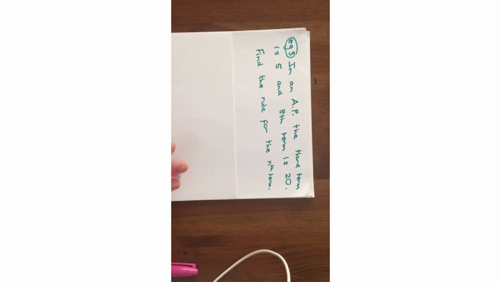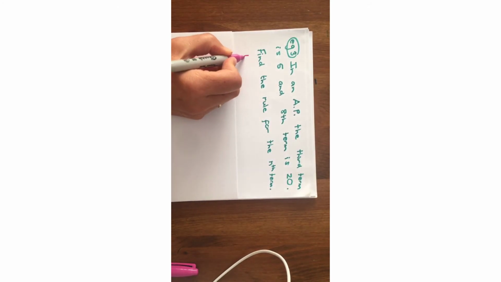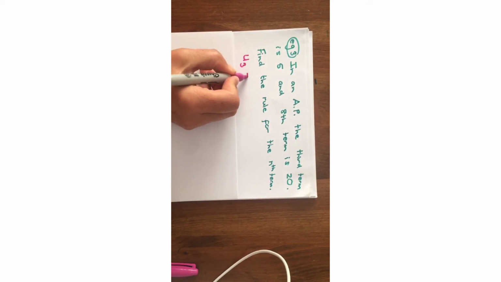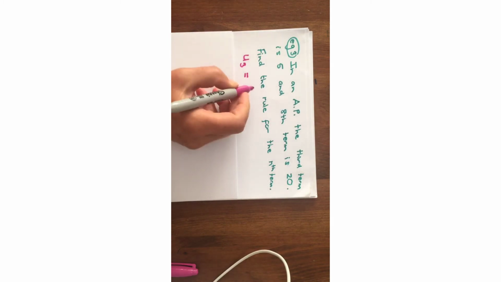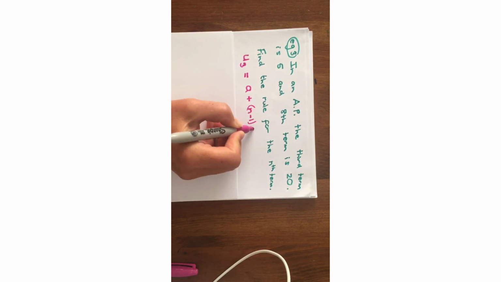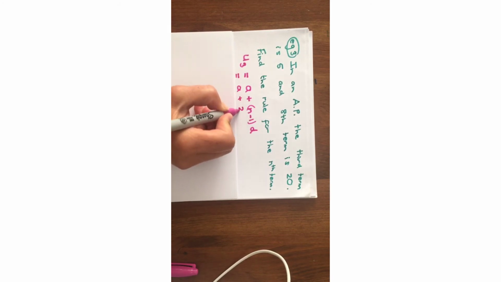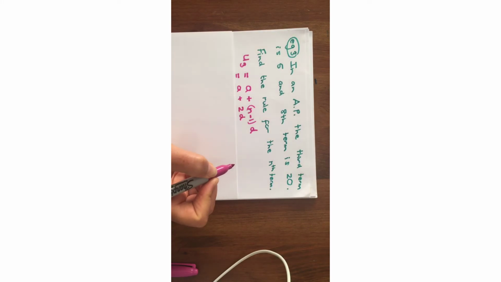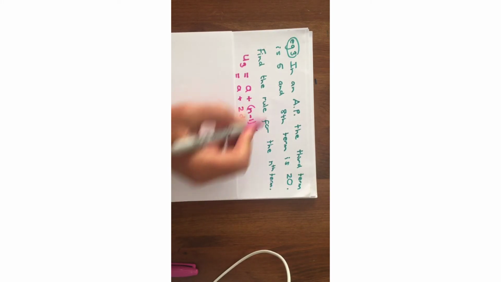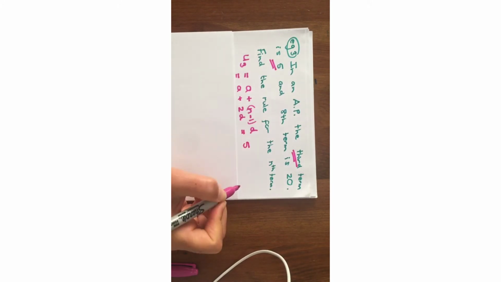So what have I got? Well, I've got the third term, which we can write like this. Third term is a plus n minus 1d. Now, the third term, n would be 3, so I've got 2d. And we know the value of the third term is 5.